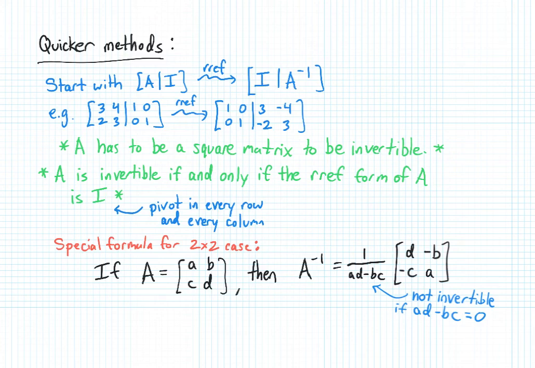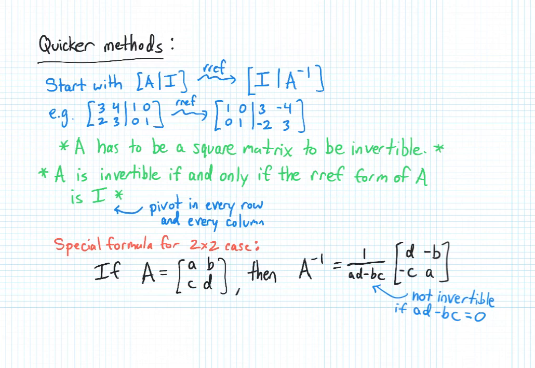That's obviously going to cause problems if AD minus BC is equal to 0, but that turns out to be exactly the condition that tells you whether or not A is invertible. So A is invertible if AD minus BC is not 0, in which case this is the formula for the inverse, and A is not invertible if AD minus BC is equal to 0.